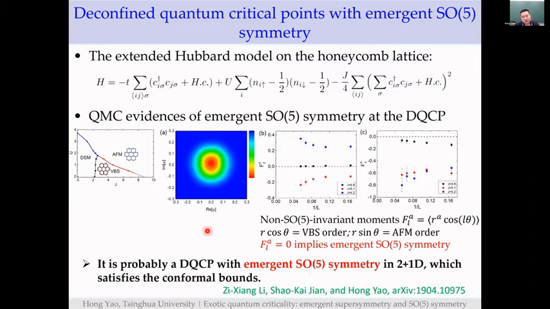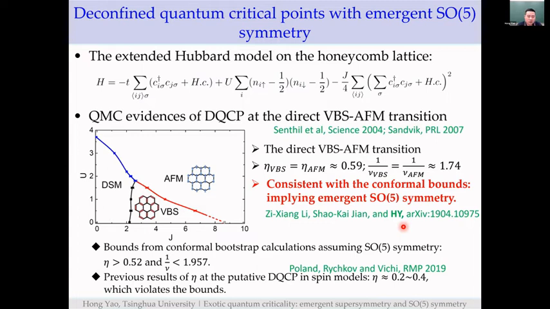So from all this numerical evidence, we think we showed this quantum phase transition is probably a DQCP with emergent SO(5) symmetry in 2+1D, which satisfies the conformal bound. Again, this is a numerical study, and the largest system size we compute, which I didn't mention here, is 24.